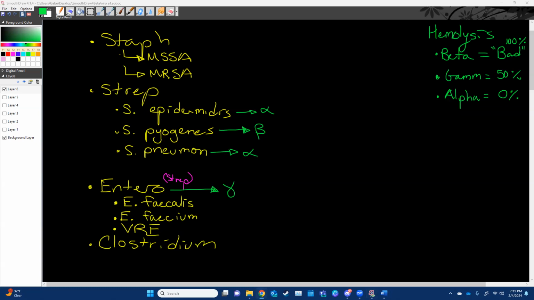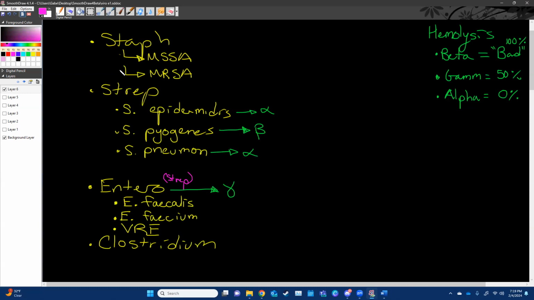What you really need to know about hemolysis is, I think, more about this rather than remembering which are what kind of hemolysis. So be familiar with what hemolysis is rather than trying to pick it out for different things. I think that's really the more important part.